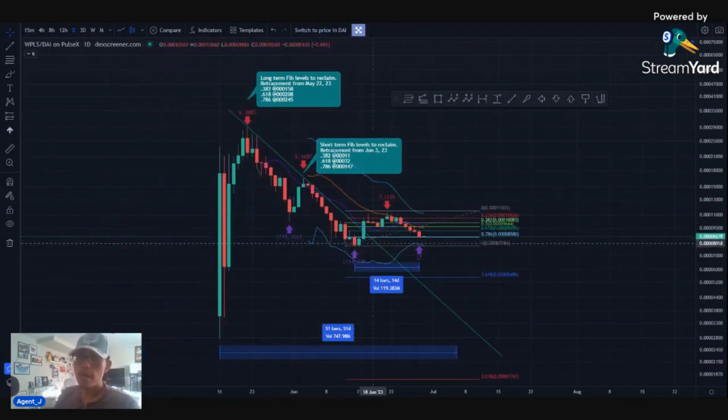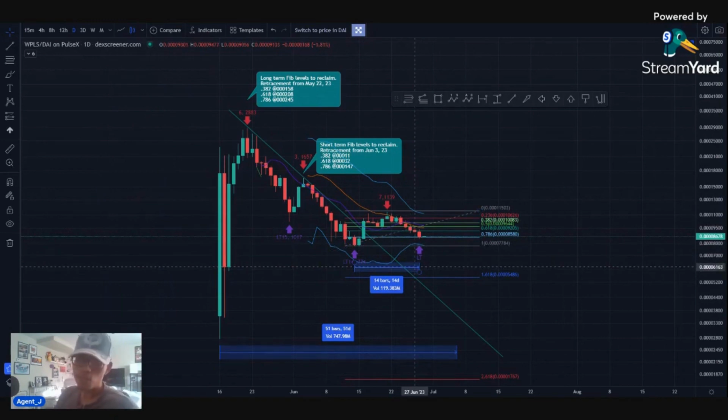So there are your targets for the bears. If we were to break down from this 0.786 area, we are going to likely head down first to, let's see here, 3 zeros and a 7.7, right? Probably find a little bit of support there. If we break down further, look for price to come down here to 4 zeros and a 6.1.